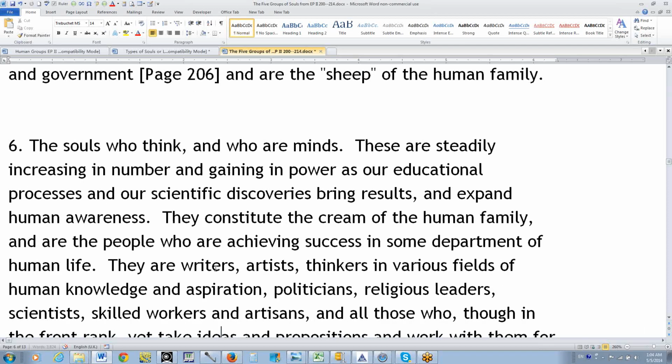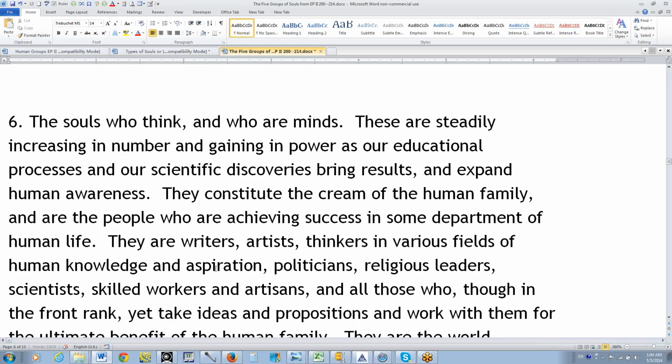Number six, the souls who think and who are minds. They are steadily increasing in number and gaining in power as our educational processes and our scientific discoveries bring results and expand human awareness. They constitute the cream of the human family and are the people who are achieving success in some department of human life.